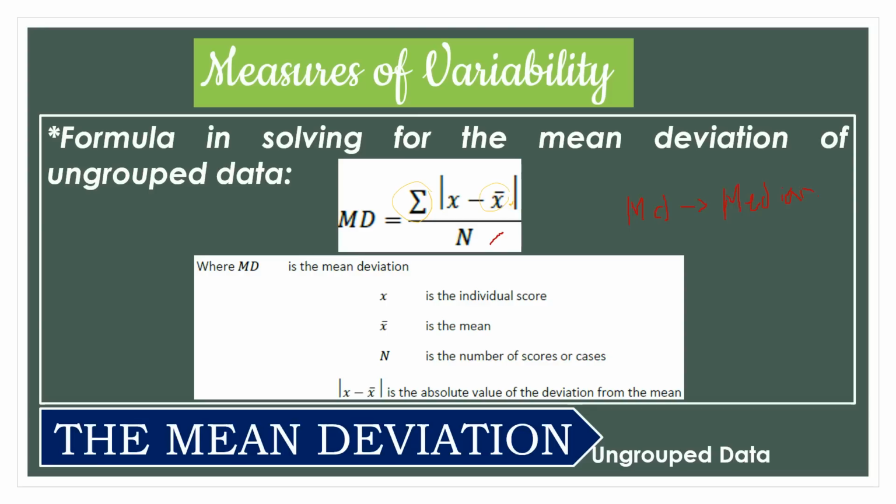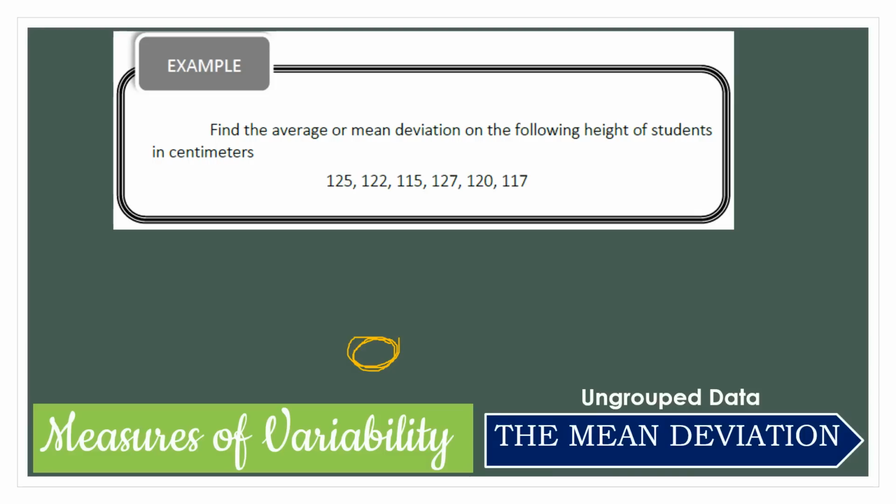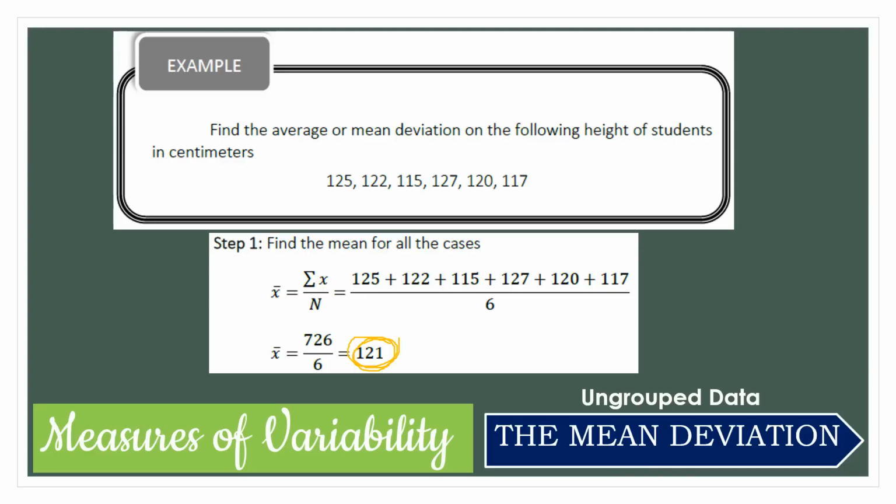Okay, let's have an example. Find the average or mean deviation on the following heights of students in centimeters. First, let us solve for the mean. How do we do that? Since it is ungrouped data, we add all of the values and then divide it by the total number of cases.